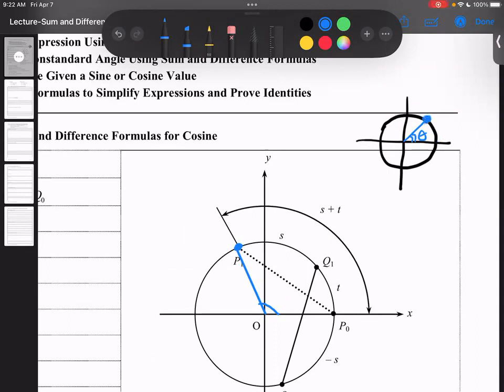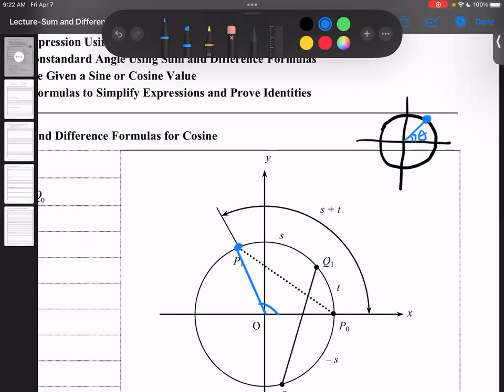So that point right there is cosine of theta, comma, sine of theta. Whatever theta may be.